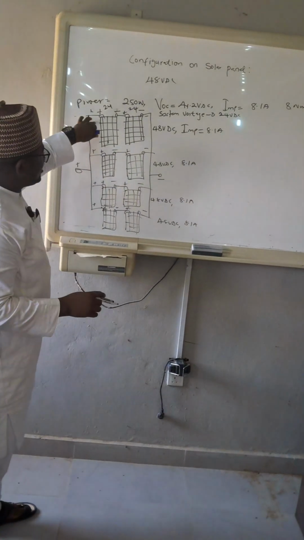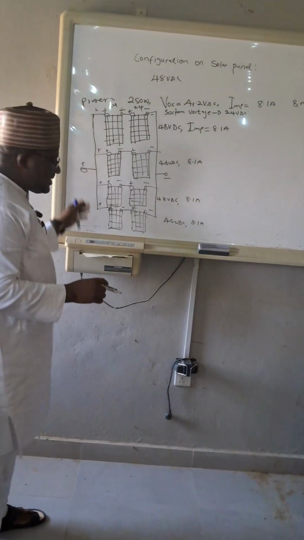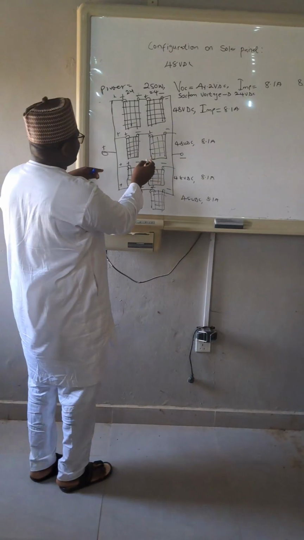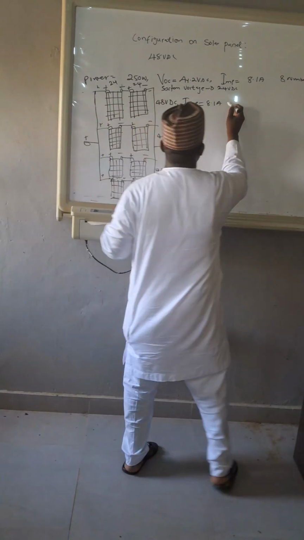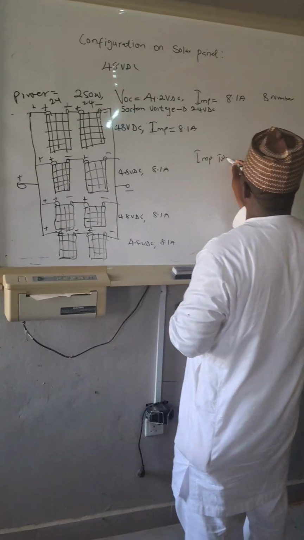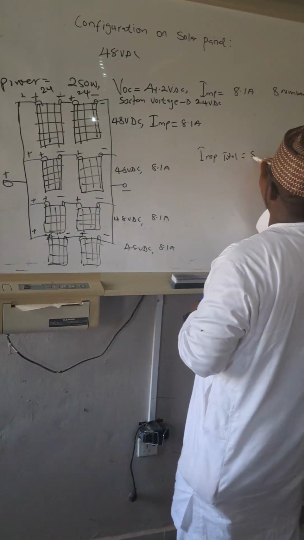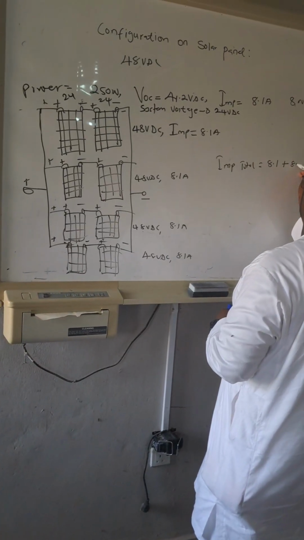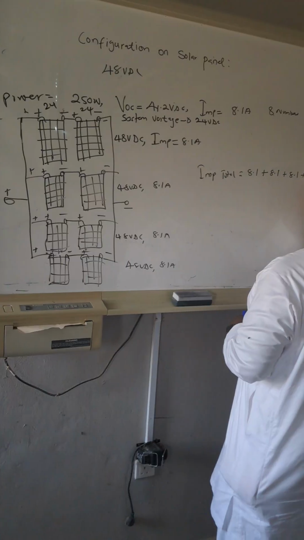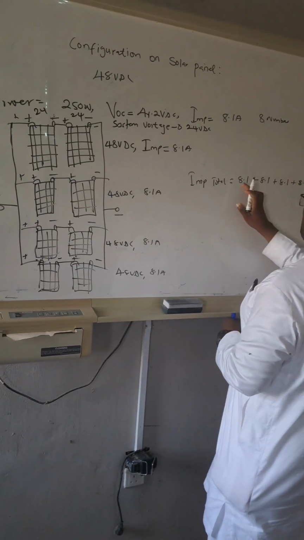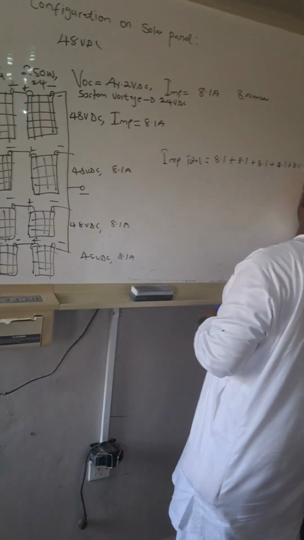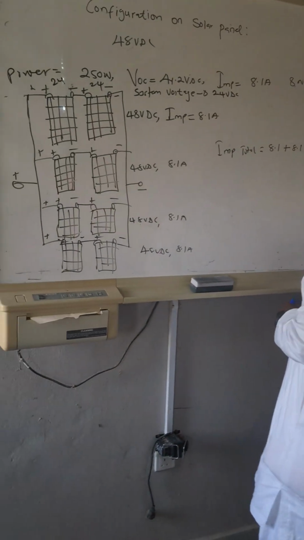So we consider series and parallel connection in this scenario, which means the current will be IMP total equals 8.1 plus 8.1 plus 8.1 plus 8.1, 1, 2, 3, 4, up to the last 8.1.